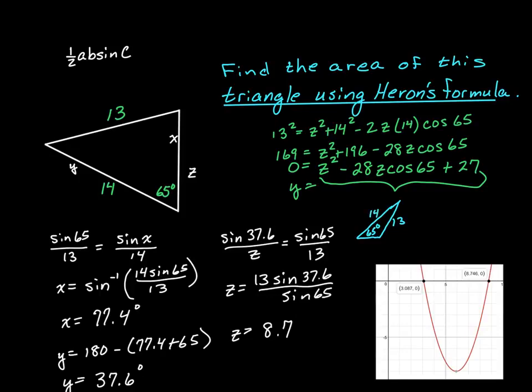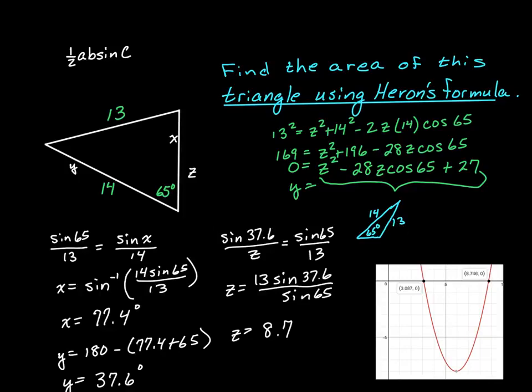All right, so if this side right here swings around this direction, you would get your situation with your ambiguous case, because 13 is actually longer than the height but shorter than this side. That creates your ambiguous case.